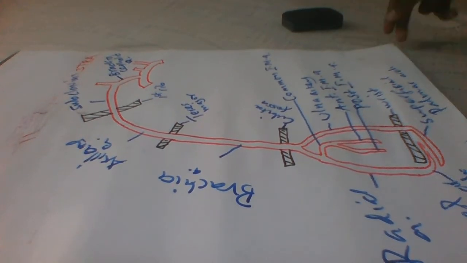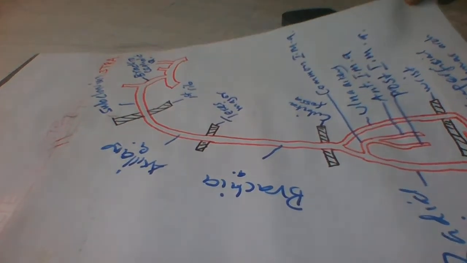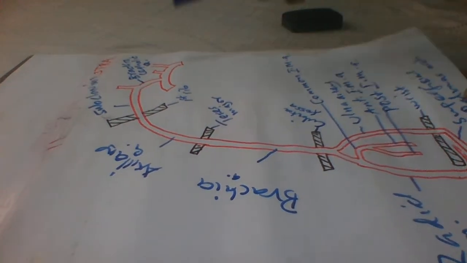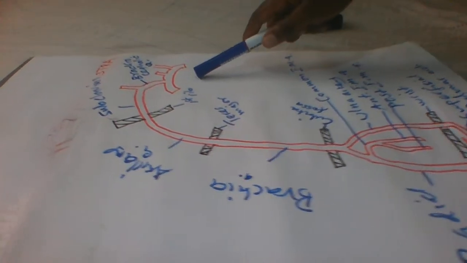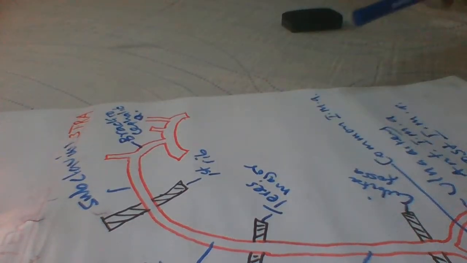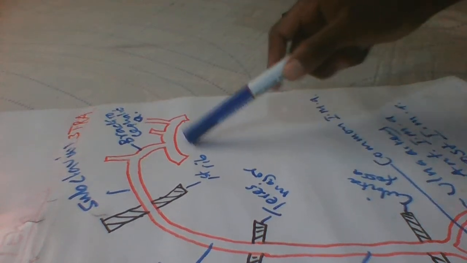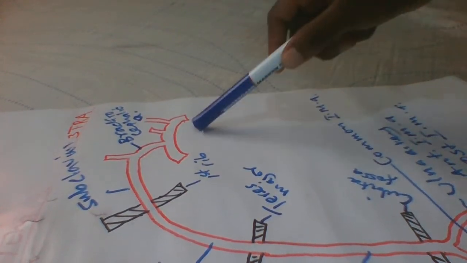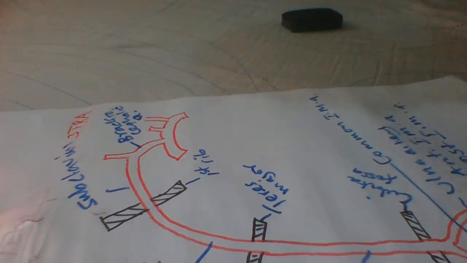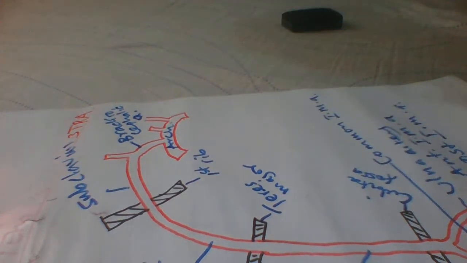When we follow this course, as you see over here, we have the heart here. This is our heart, where it originates from. The heart gives rise to what we call the aortic arc.